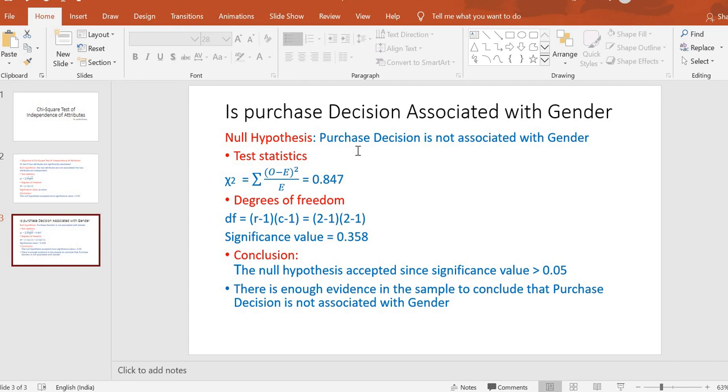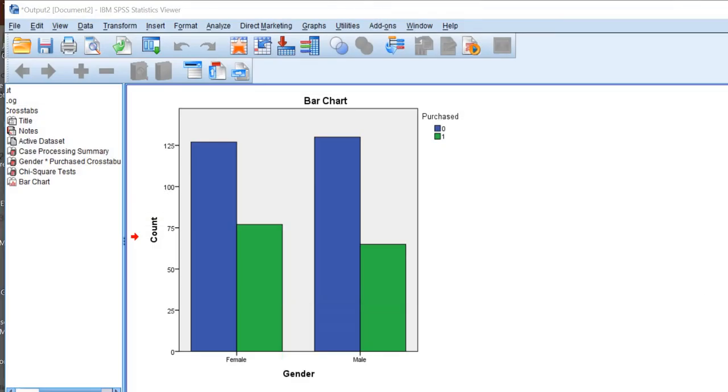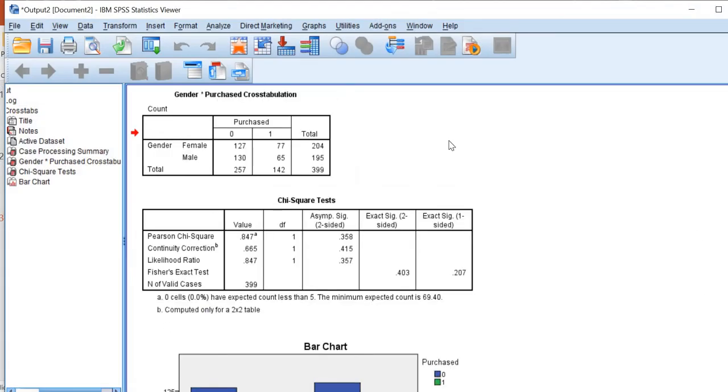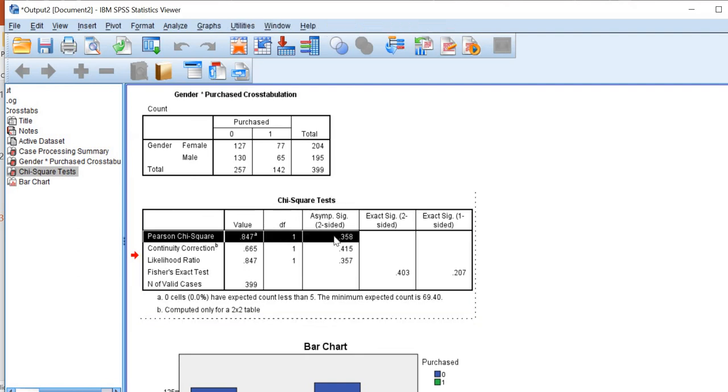A 2 by 2 table will lead to degrees of freedom as 1. And the significance value provided in the output table is 0.358.